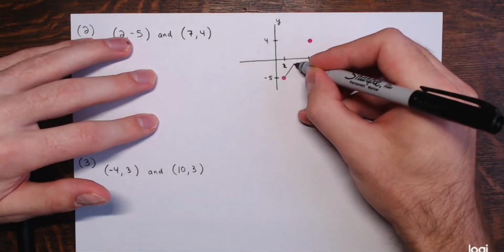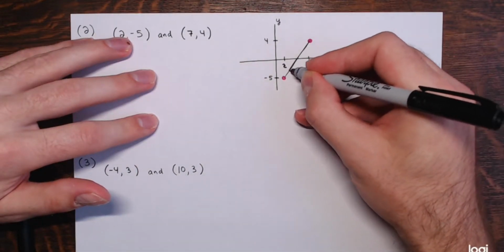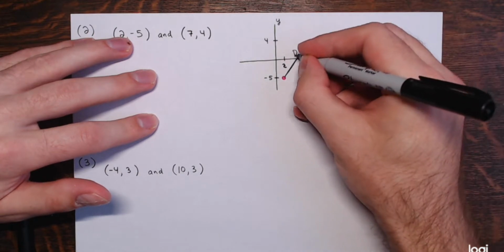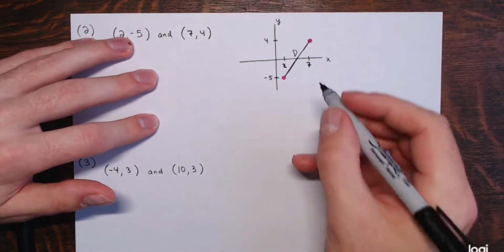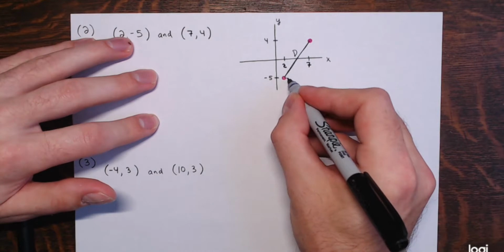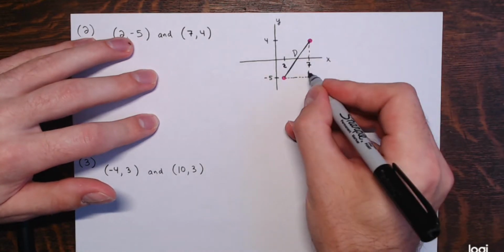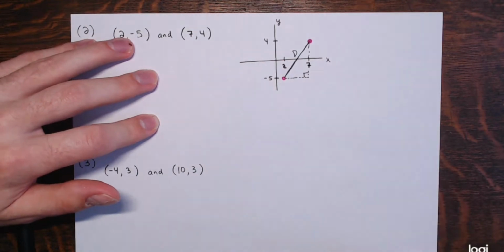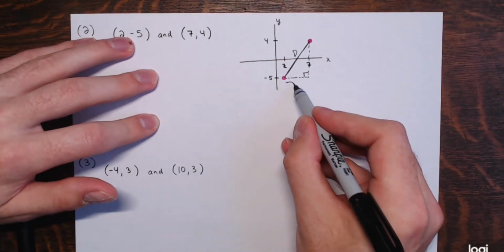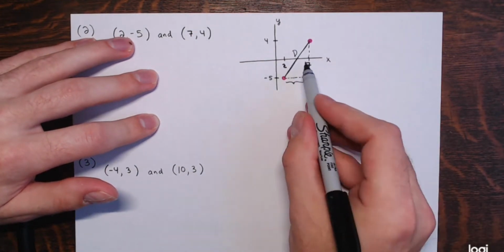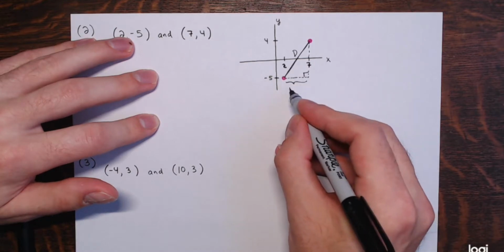The distance between them, the length of this segment. And again, I'll call it d units. And I make my little right triangle like this. I would go to the right and then up. Here's a right triangle right here. The length of this horizontal segment, right, I'm going from 2 to 7. That's 5 units, right? 7 minus 2.